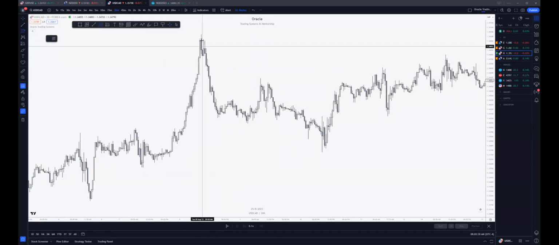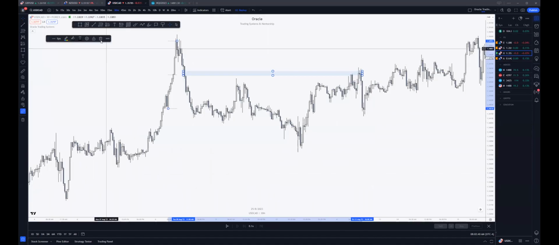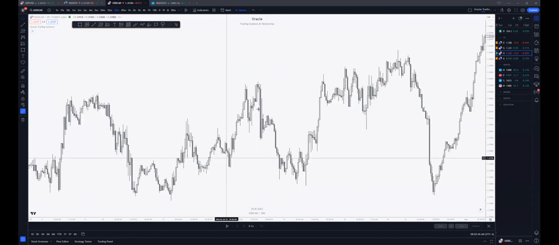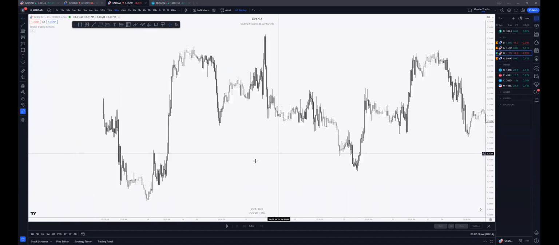It's kind of like this, but that would be this one. You can see here, this one does get a reaction back down, but this is a better example. Look at this one. Probably makes more sense on a lower time frame.